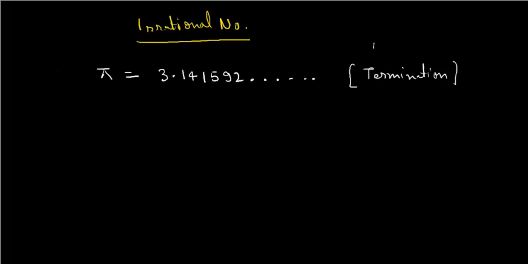And there is no repetition, which is what we saw in the case of rational numbers. So this is a very unique property of irrational numbers: in decimal form they will not terminate and they will not repeat. Take another example, which is root 2.